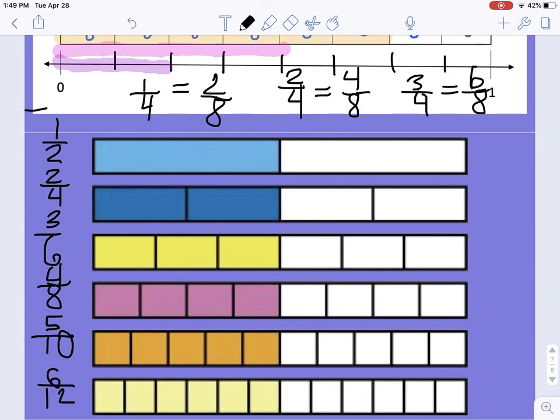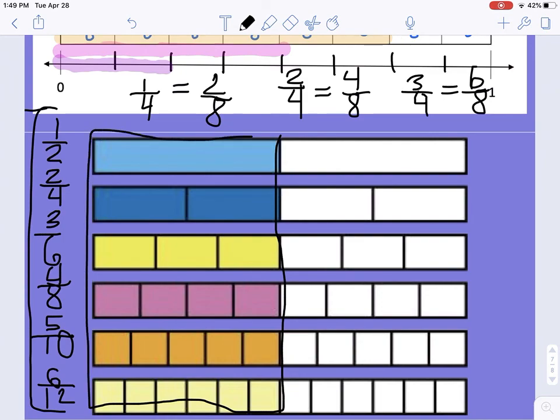All of these are equal to each other because they all take up the same space on a number line. So 1/2, even though it's all the way up here, is still equal to 6/12. It takes up the same amount of space. They are equivalent to each other.